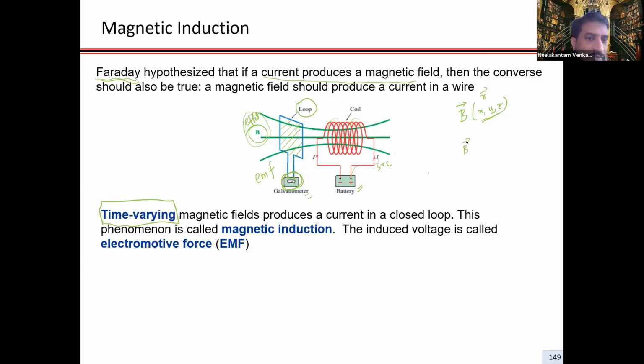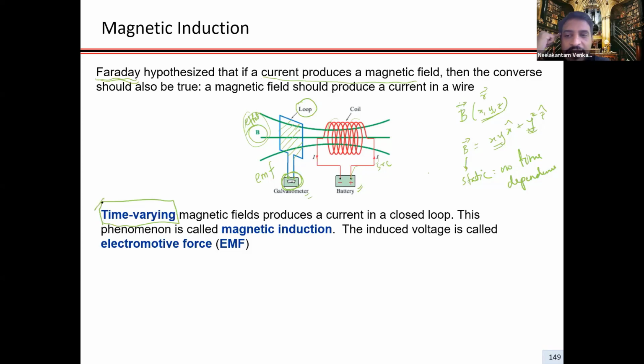We just say B is maybe X X hat plus maybe Y square Z hat. So it's only a function of space. That means it's a static magnetic field. Static means it does not depend on time.